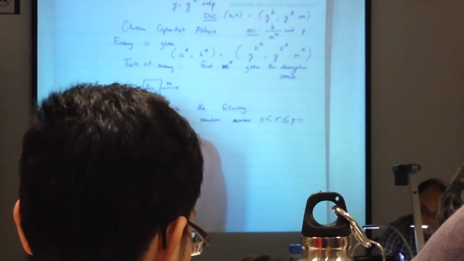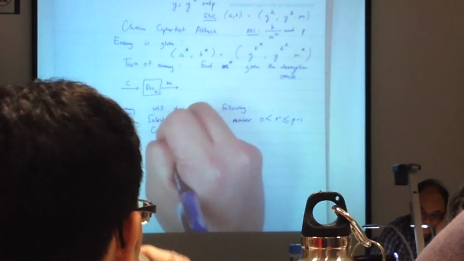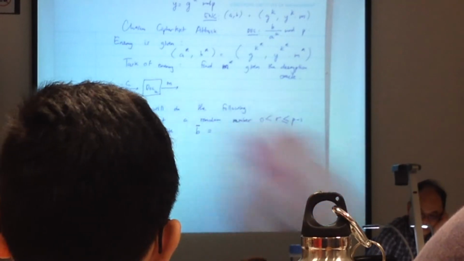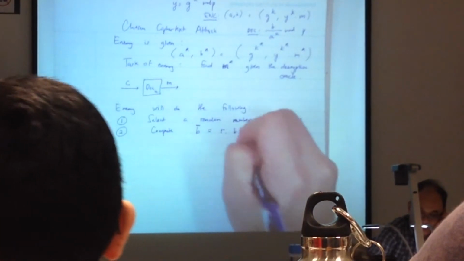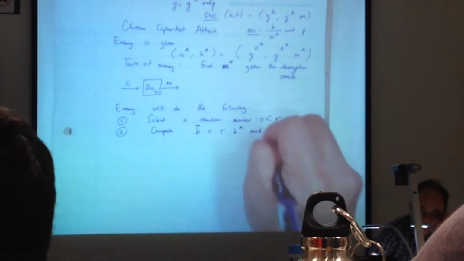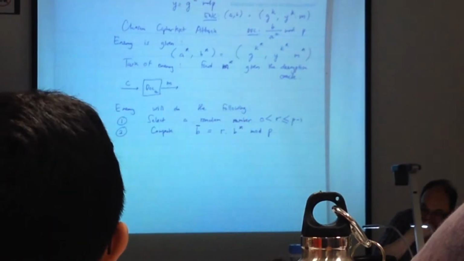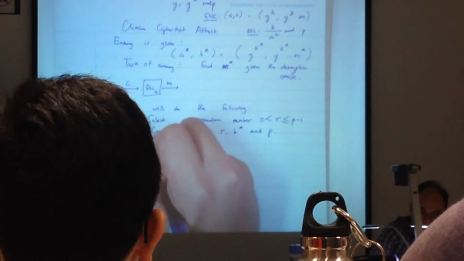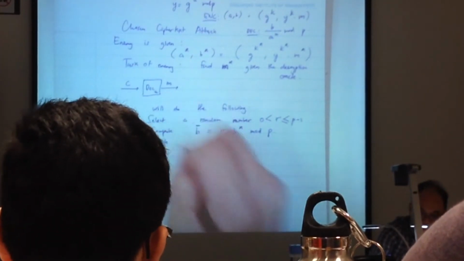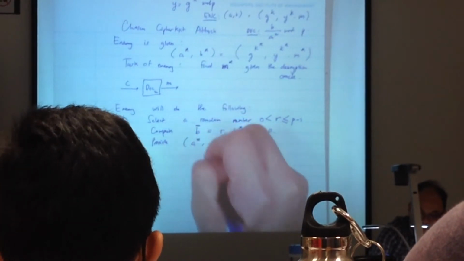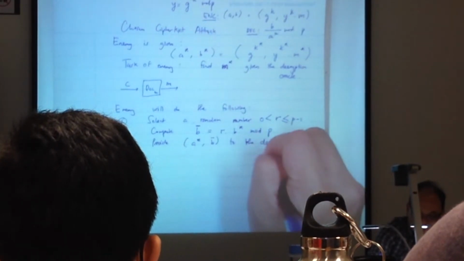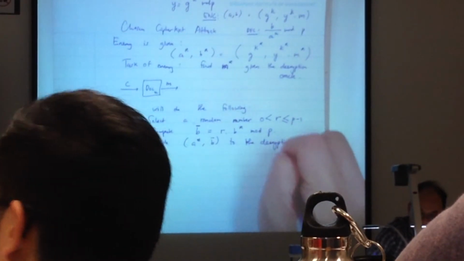Then the enemy will compute B bar equal to R times B star modulo P. Then the enemy will provide A star, B bar to the decryption oracle.